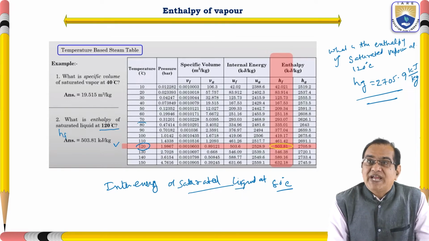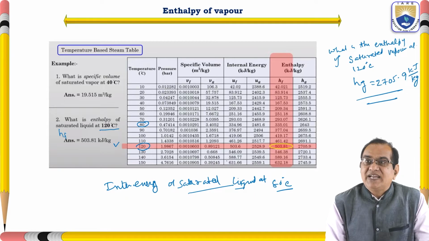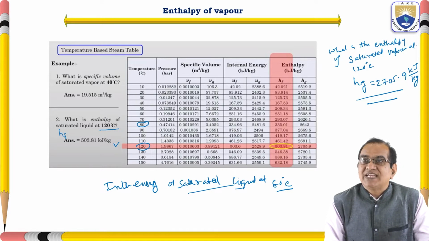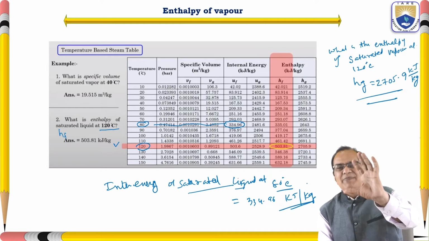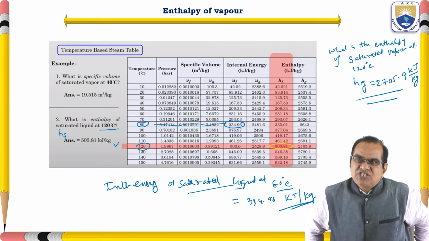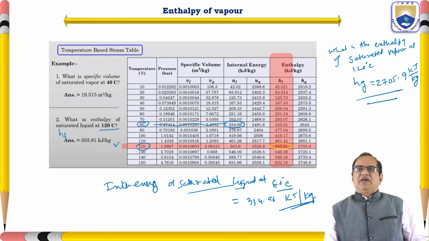So first I have to go to 80 degrees centigrade here. Then liquid. This is the liquid Hf. So I will go from here to here in this line, and this is the liquid. You have 334.96. Answer is 334.96 kilojoule per kg. So like this, any parameters you can find out. It is very easy to find all these numbers.